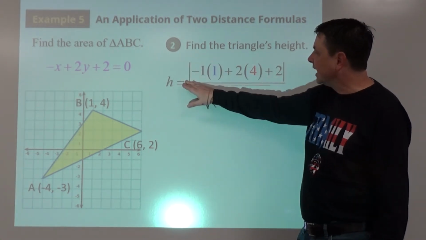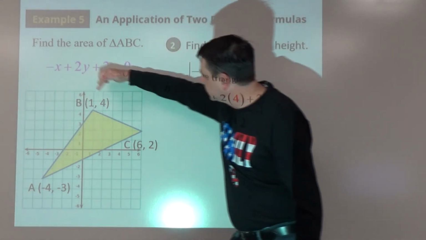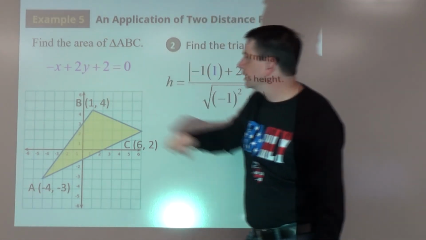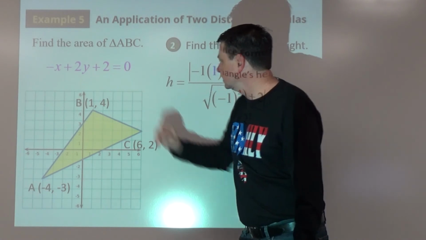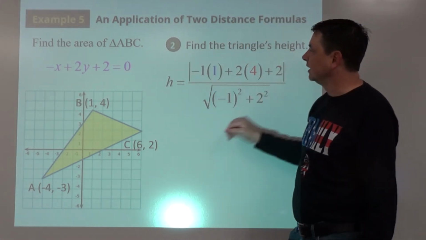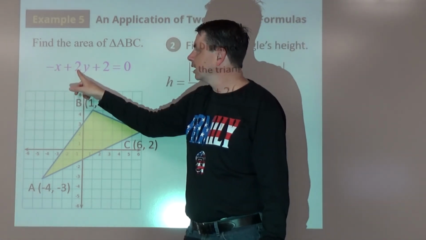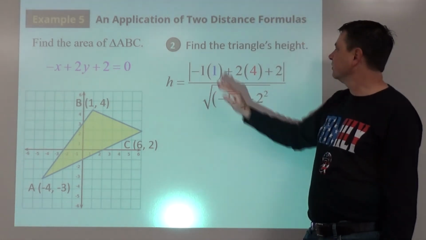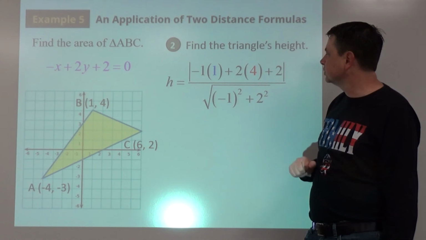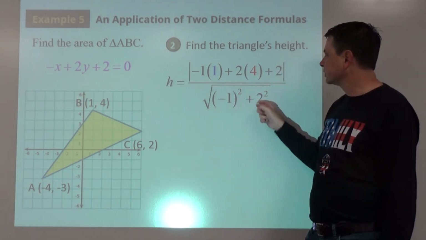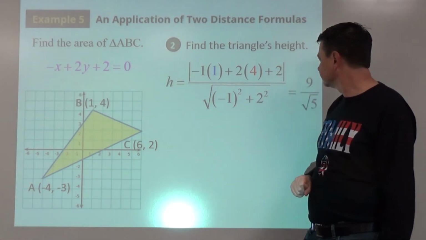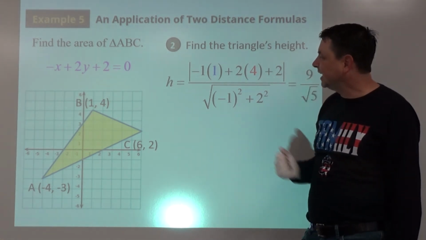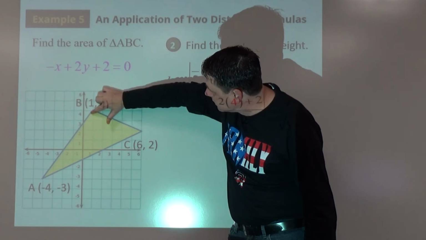So absolute value, negative 1 times the x-coordinate plus 2 times the y-coordinate plus c, all in absolute value, divided by the square root of negative 1 squared plus 2 squared. So negative 1 plus 6 plus 2, 7 over the square root of 5. I'm sorry, 9. Error there, 9 over the square root of 5. That's our height.